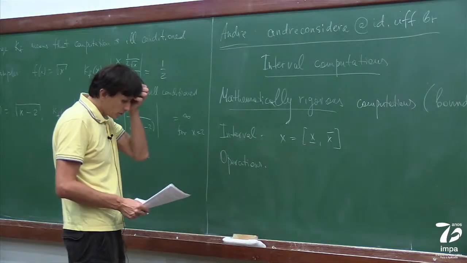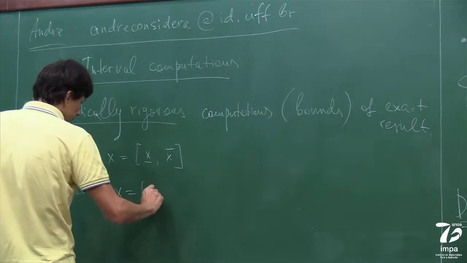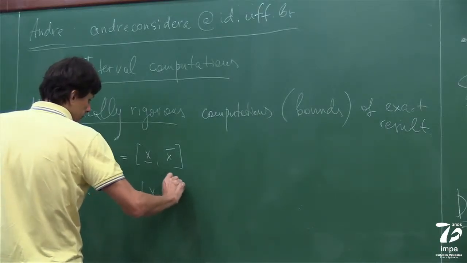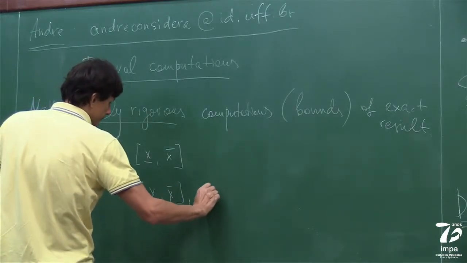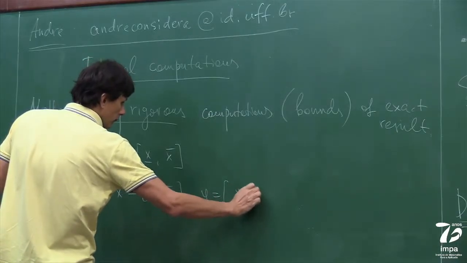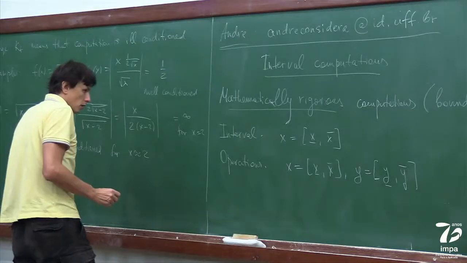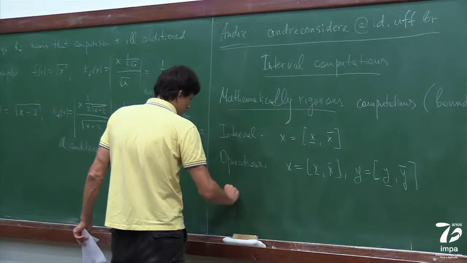So now we can write operations. Imagine we have 2 numbers, 2 intervals. How do you define operations? That's very elementary.